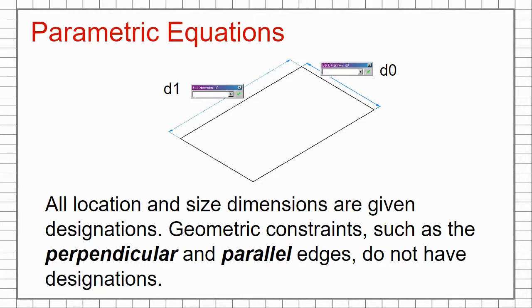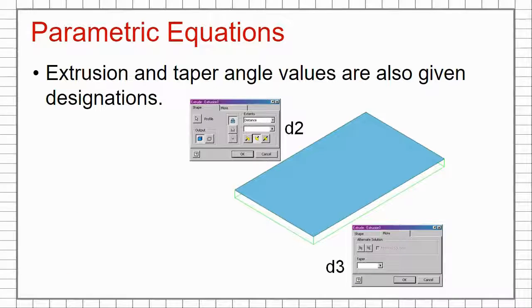All of the location and size dimensions are given designations. Geometric constraints, like if you made something perpendicular or parallel, do not have designations of D0, D1, and so on. As I said, extrusions and taper angles are also given designations. Even if you don't type something special in for a taper angle, it's still there, in this case as D3, with a value of 0.